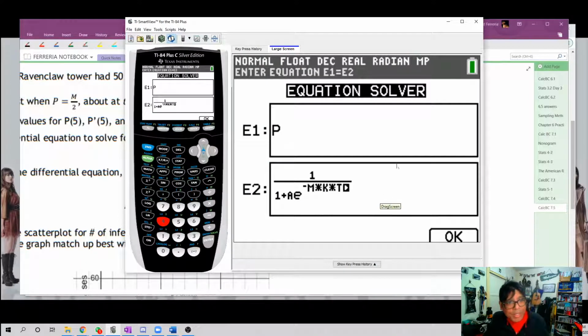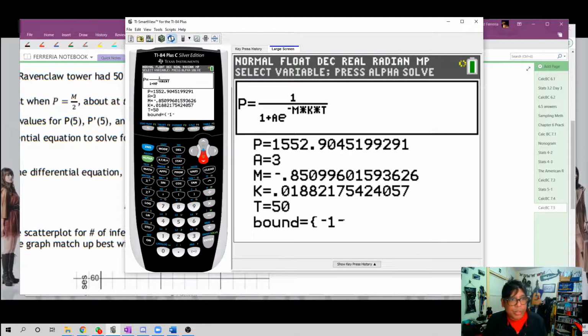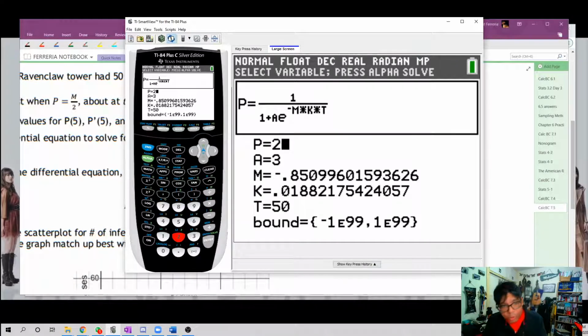So as you can see, I'm putting the general solution to the logistic growth equation into my solver, and I'm just going to start substituting numbers in. So let's see. When t equals 27, we don't have a value of A yet, so I'll just leave that at 3. M was 50.